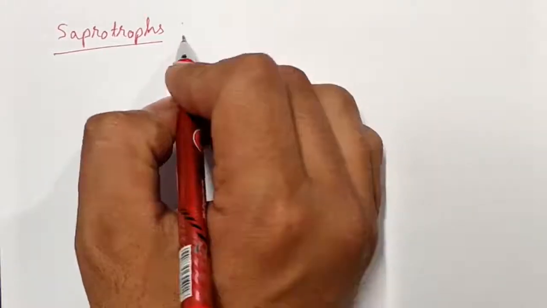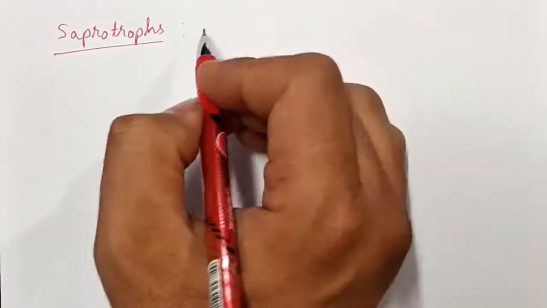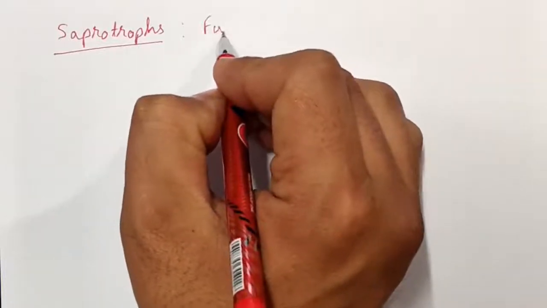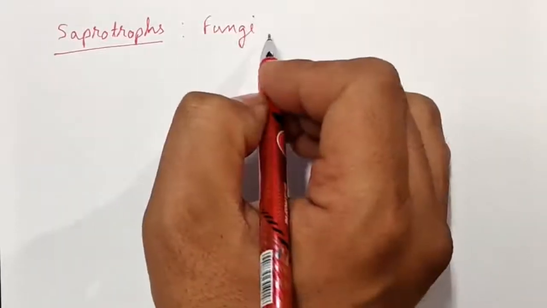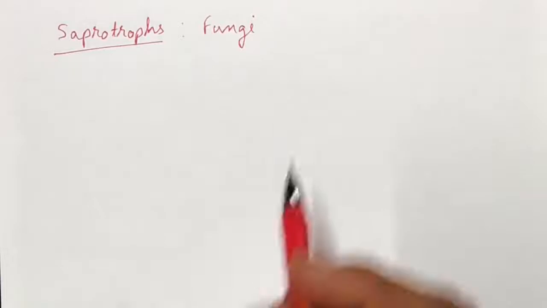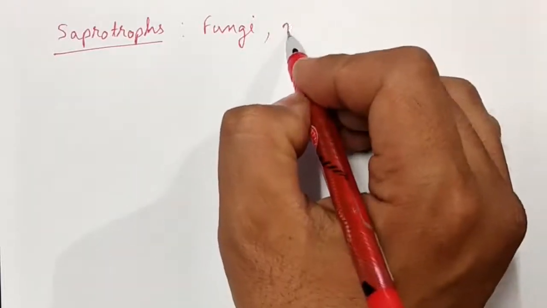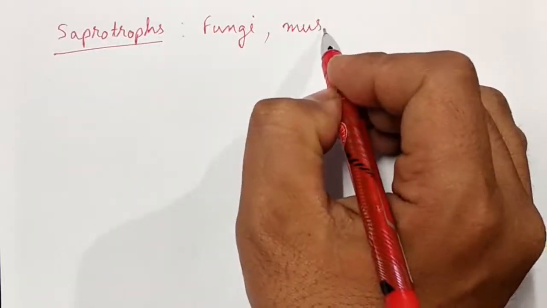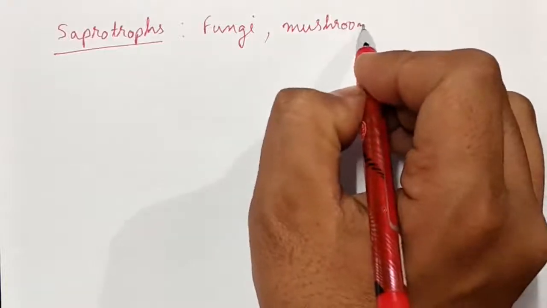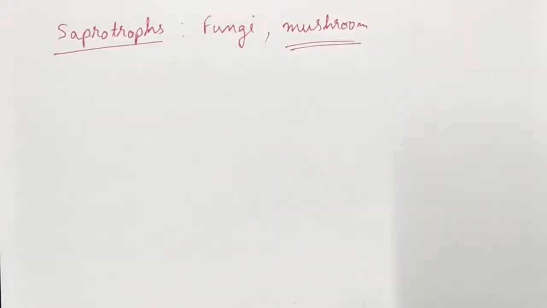Examples of saprotrophs are fungi, which we have already discussed, and we can say mushroom also. The mushroom will also take the nutrients from the dead remains of plants and animals nearby. They have the saprotrophic mode of nutrition.